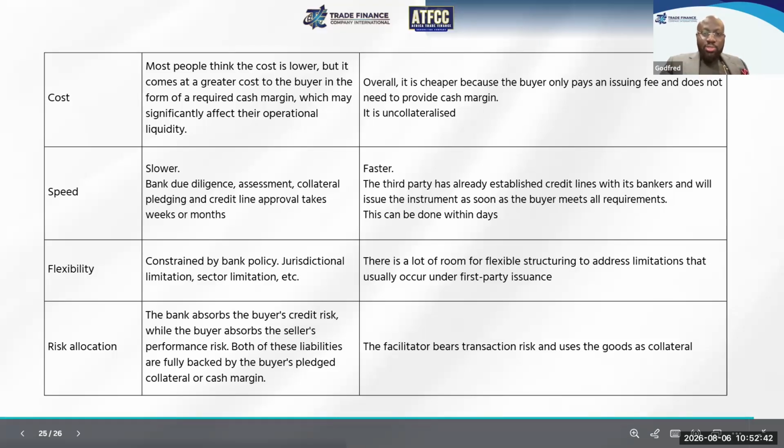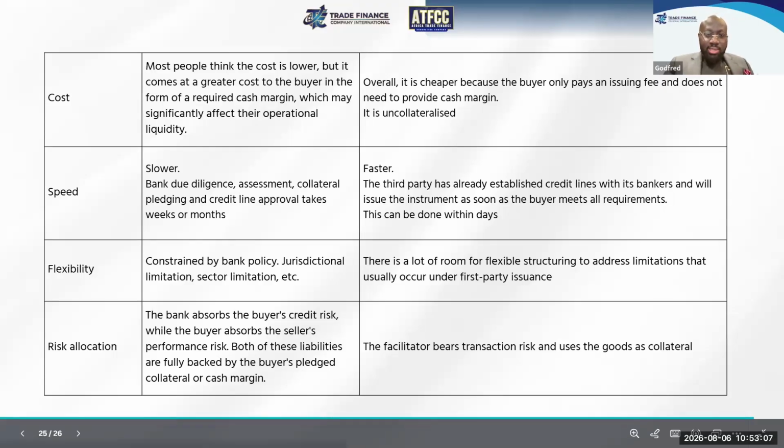There are so many things. So there is a limitation, but in the third party market, because the client has access to different banks, there's more flexibility to do more products or commodities, and it gives room for a lot of structuring to address limitations that normally occur under a first party issuance.